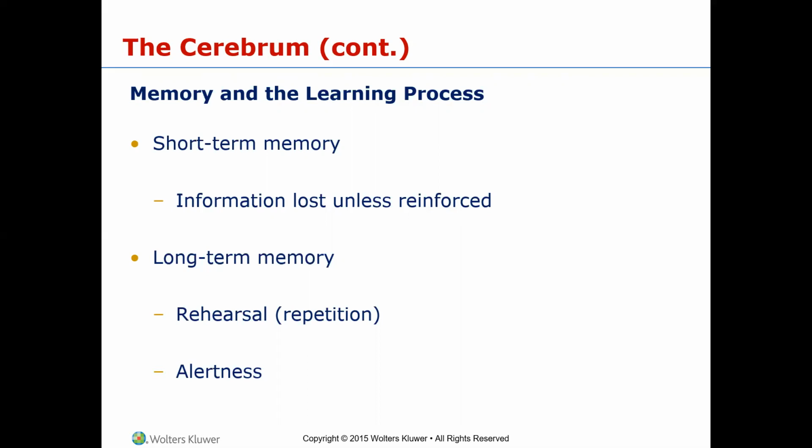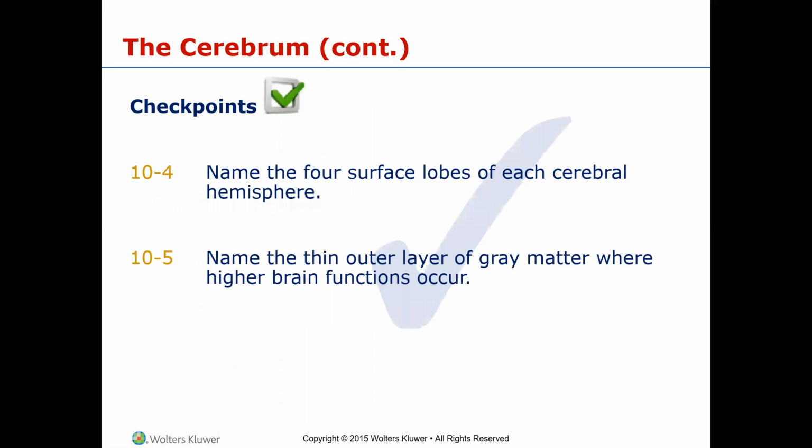So it's through rehearsal and repetition that it becomes part of your long-term memory. But something that is not reinforced only goes into our short-term memory, and it gets lost. So the four surfaces of the lobe, as you will recall, are the frontal, the parietal, the temporal, and the occipital, and then the thin outer layer of gray matter is the cortex.